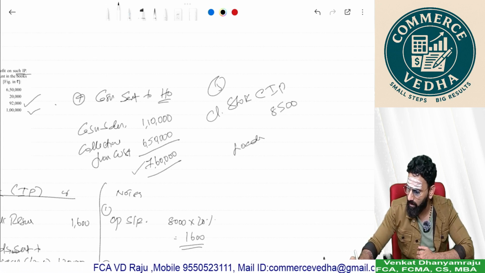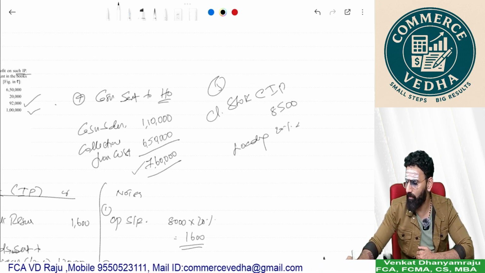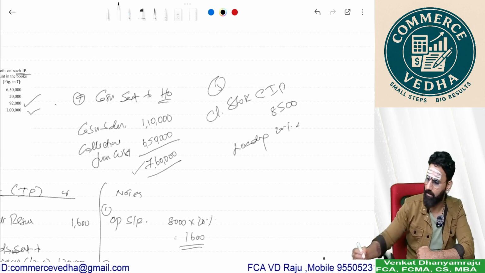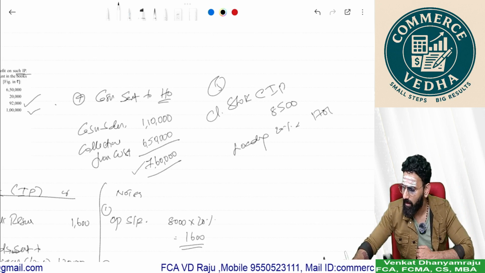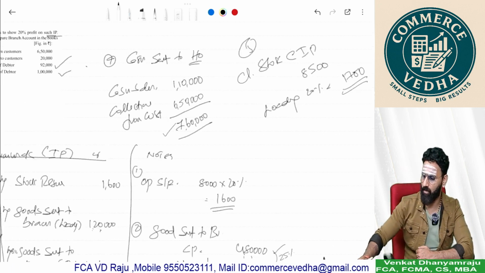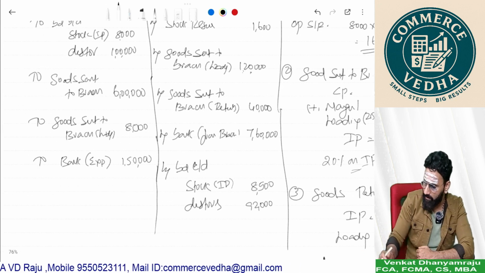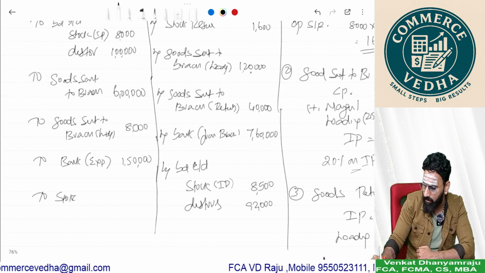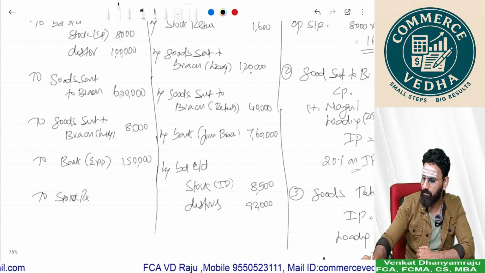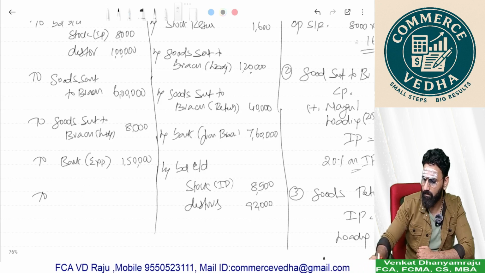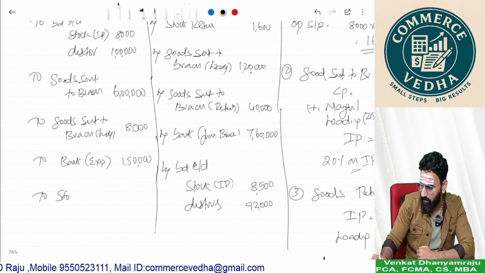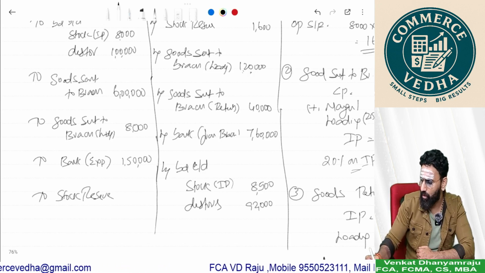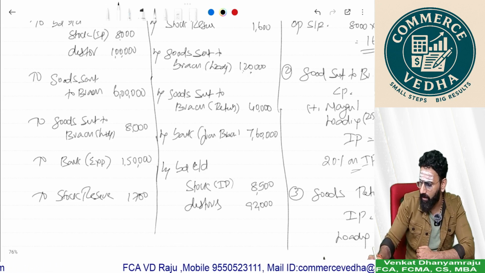Loading is on invoice price, so 8,500 into 20%, which is 1,700, which you should post exactly opposite, to closing stock reserve 1,700.